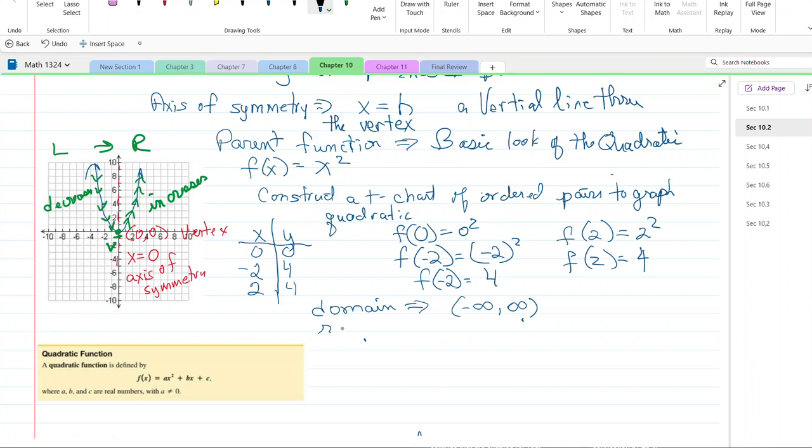Now, the range on this guy, from the y value of the vertex, so we're talking from inclusive 0 to positive infinity, because it only exists above that 0 mark. It only exists there.